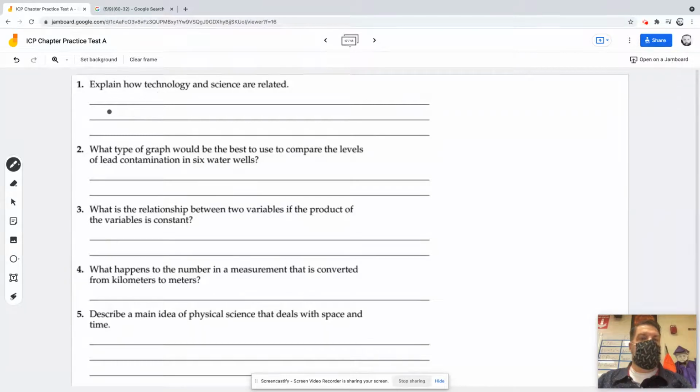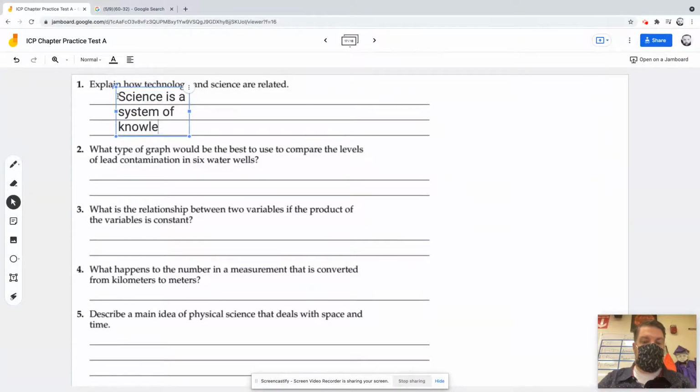So this next one is going to be kind of weird because I have to explain how technology and science are related. We're almost repeating some stuff, but I'll fill it in. Science is a system of knowledge, while technology is, I see it, I know it.